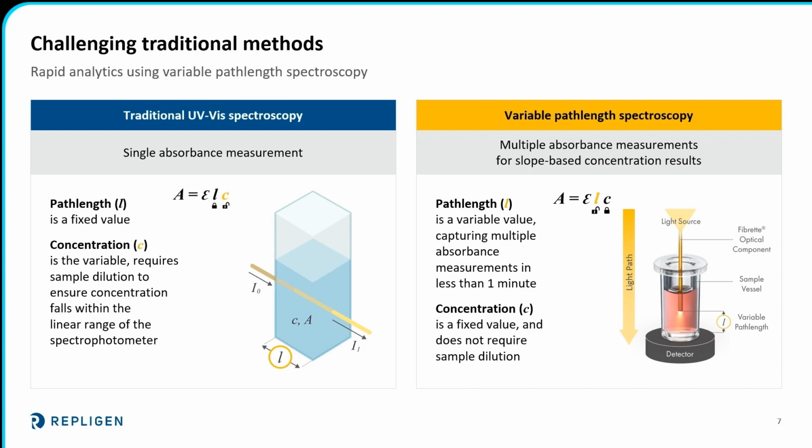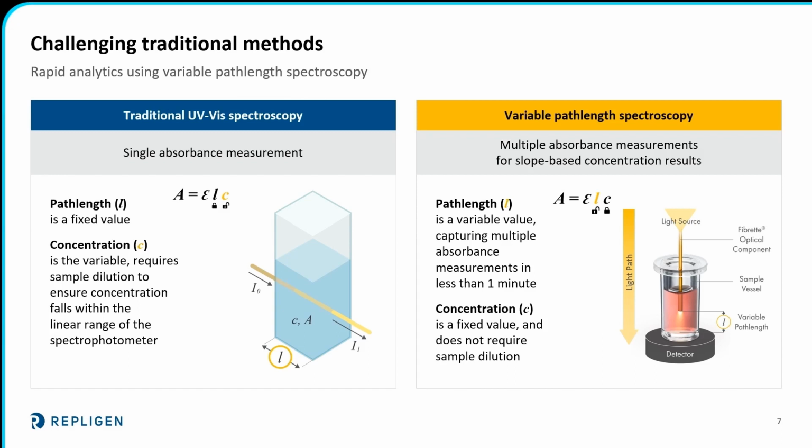Our variable path length spectroscopy method is still a UV-based method. We are implementing 2 changes. One, the path length is now variable. The light source will come from the Cary 60 spectrophotometer through a fiber optic component called a fibrette. The path length is determined by where the light emits from the fibrette to the bottom of the vessel.